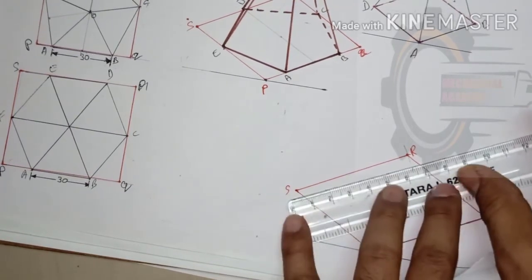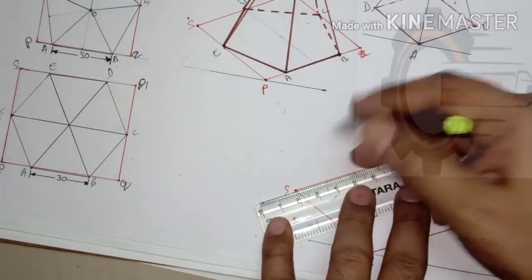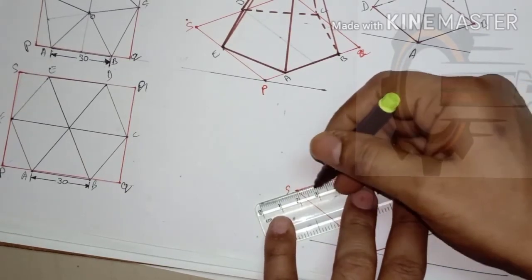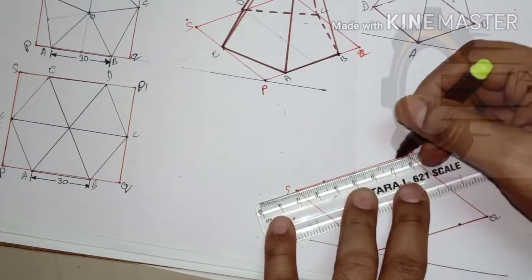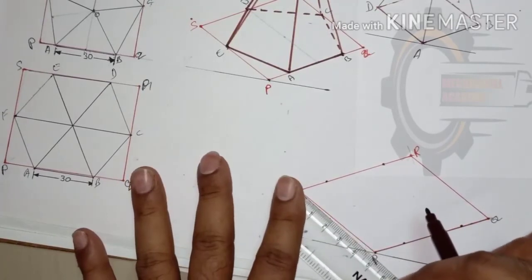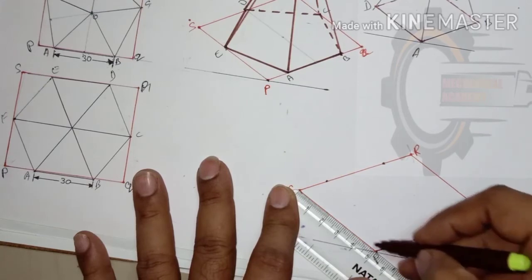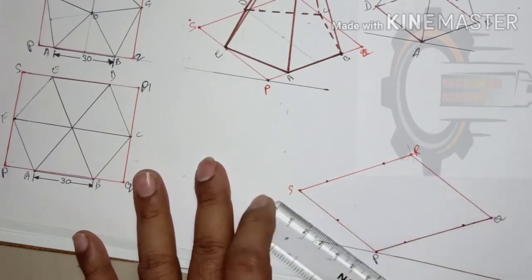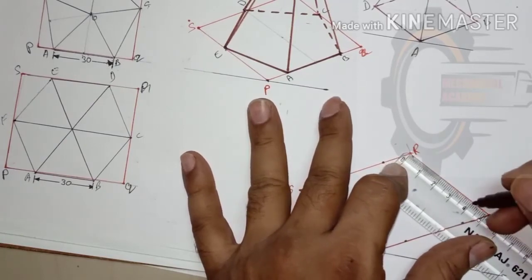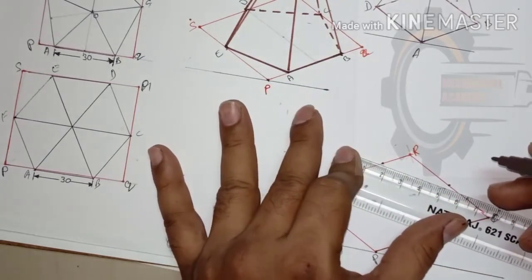Okay, similarly here also 1.5, 1.5. Okay, so this is the height of 2.5 from the bottom. So similarly here also 1, 2, 3, 4, 5. Okay, now join all these points.